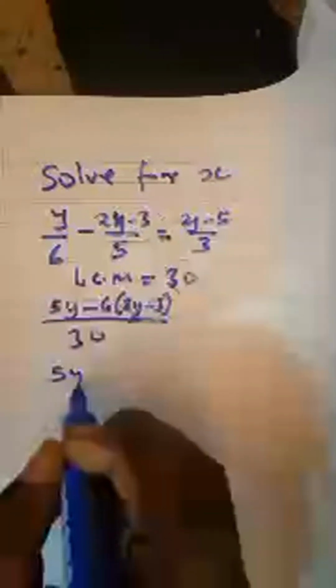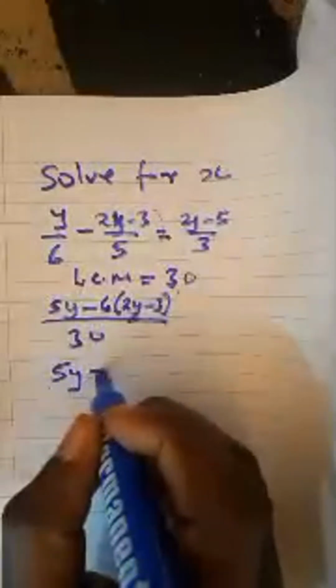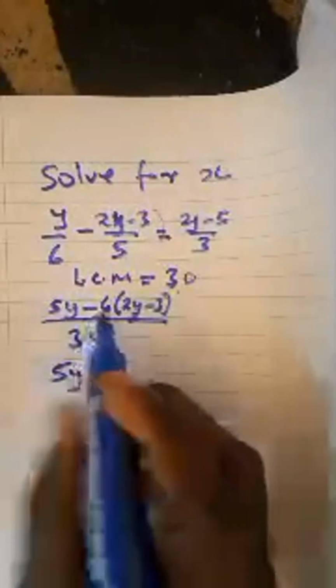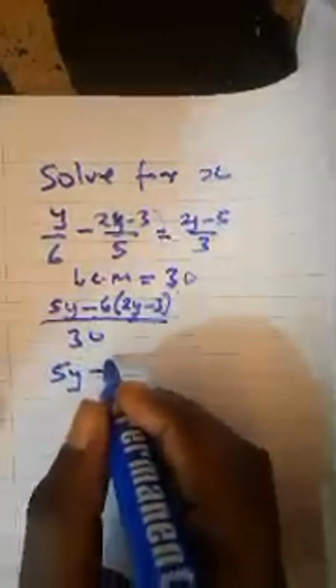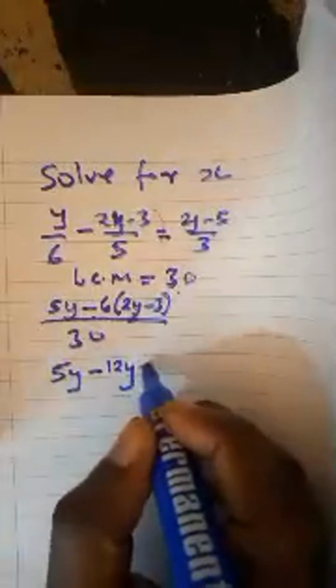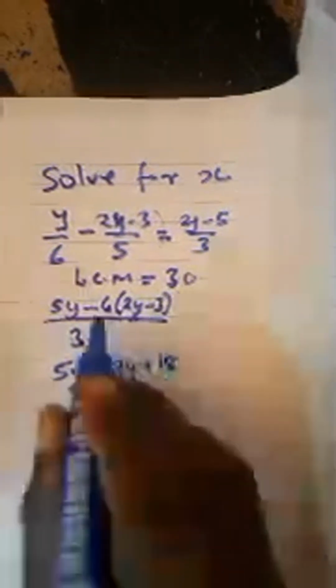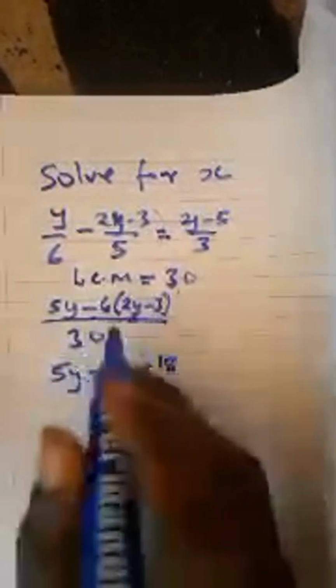My aim is to write this side as a single fraction. So let's continue. That is 5y minus, if I open using this negative, I'm going to have minus 12y, positive 18, 6 times 3, and then there's a negative.